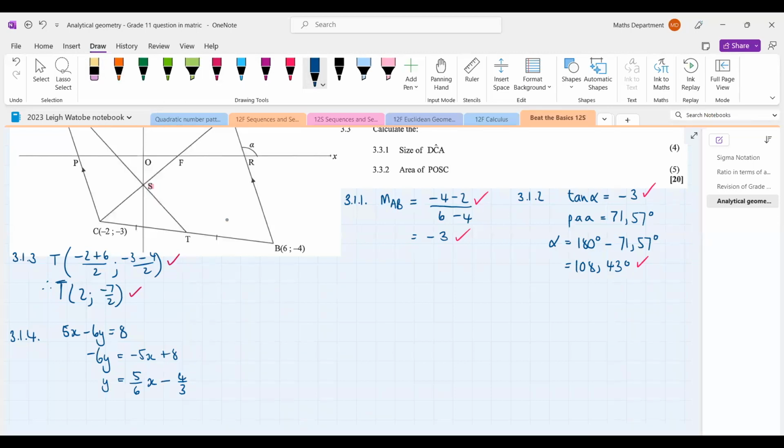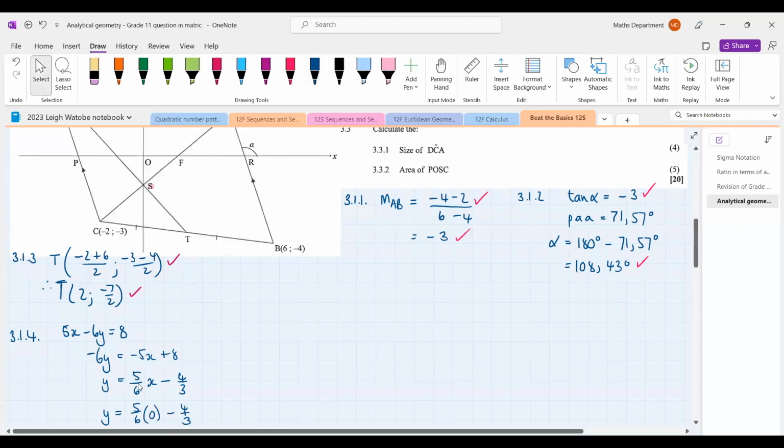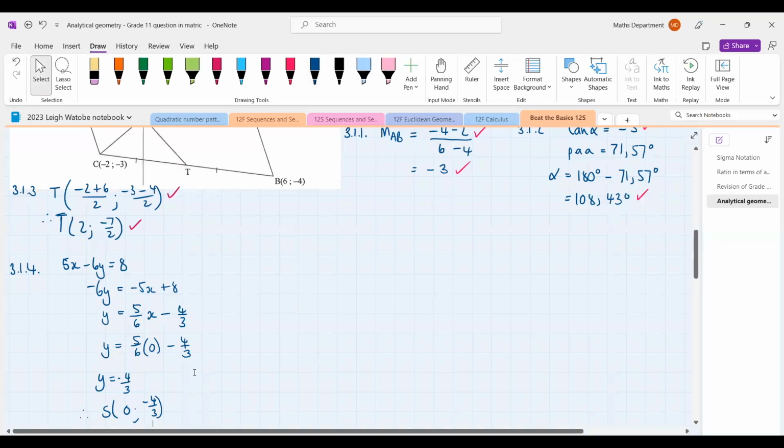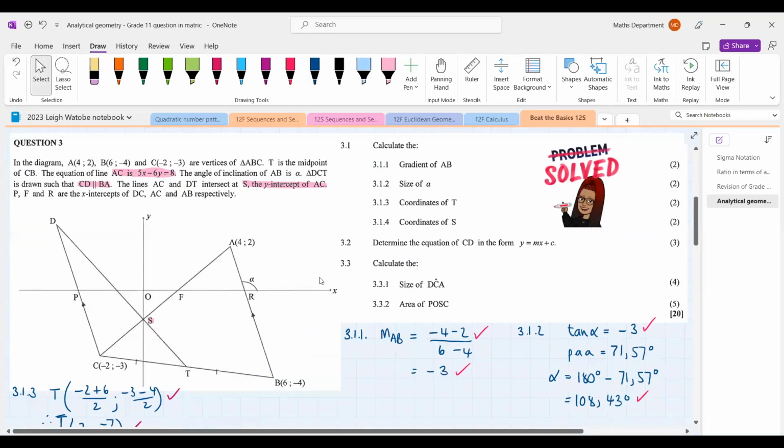Okay, and S is obviously, okay, so therefore, we've all got the same answer for 3.1.4. That's down here in the bottom left-hand corner.